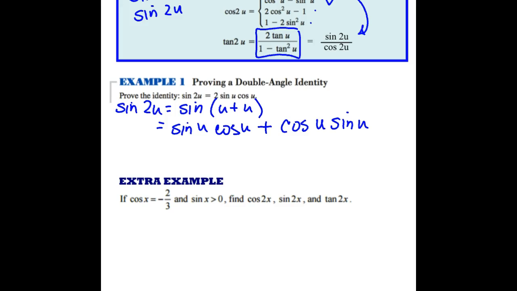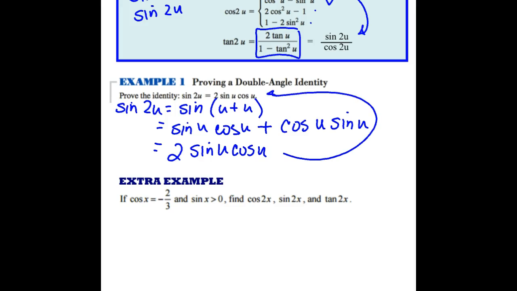So are these two pieces equivalent? Sine times cosine, cosine times sine, same thing. So we just get 2 sine u cosine u, which is what we were trying to prove. Okay, so we started with the left side, the sine of 2u.